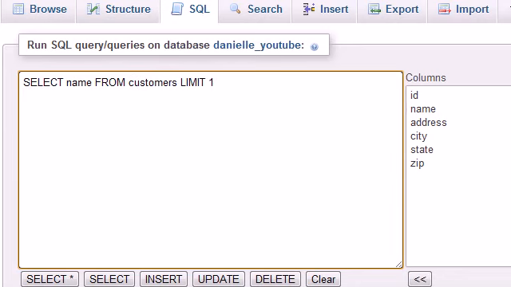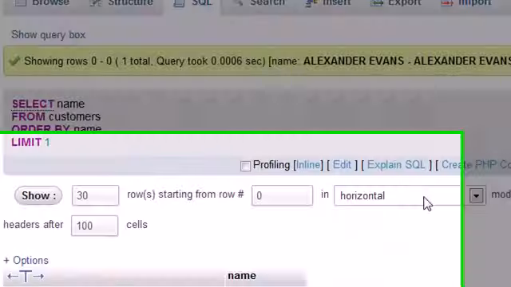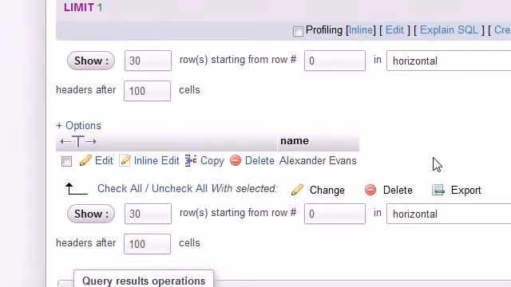Now, like I said, whenever we want the lowest value, there's no explicit need to write ASC because that's the default sorting, ascending low to high. So I forgot to put that clause in, order by name, and go ahead and hit go. Obviously Alexander has the very first name if we were to sort this by dictionary sorting or alphabetical sorting, because by default it sorts in ascending order.